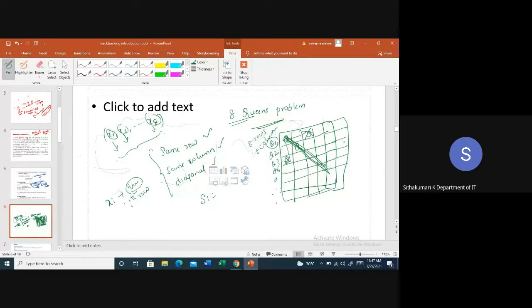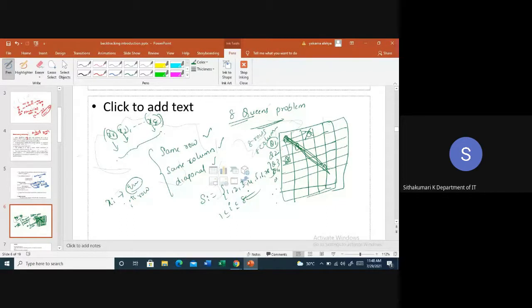Si can be equal to 1, 2, 3, 4, 5, 6, 7, 8. Each xi can take a value between 1 and 8. So this is the explicit constraint. Explicit constraints are the rules that restrict each xi to take values only from a given set Si.